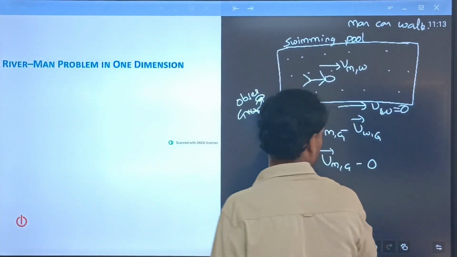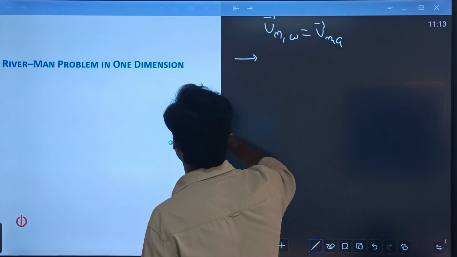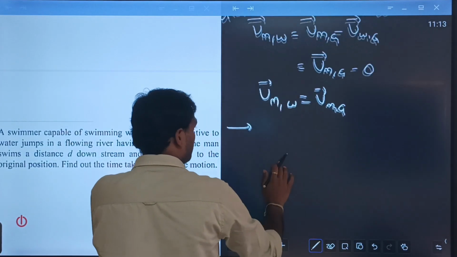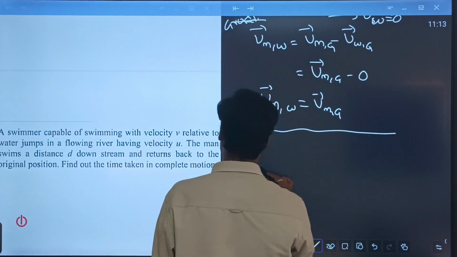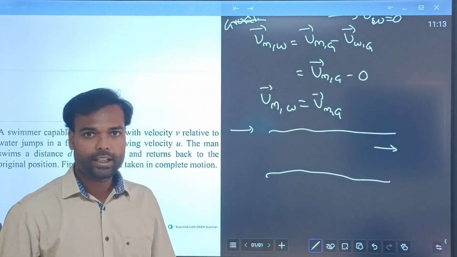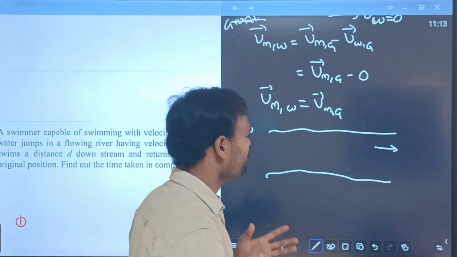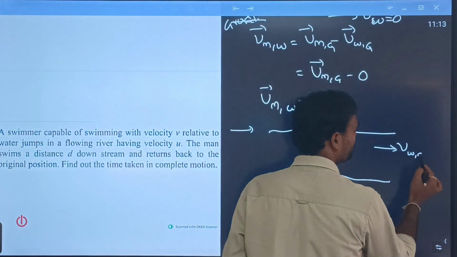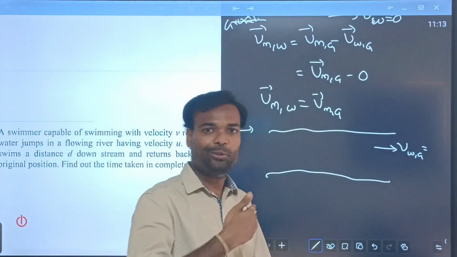Clear? Now, next part is, let us go with an example for your class. And before that also I can give you an example here, before we solve the problem. Suppose here a river is present, instead of a swimming pool. And the river is flowing in the forward direction, that is velocity of water with respect to ground. Of course, the river will move on the ground only.